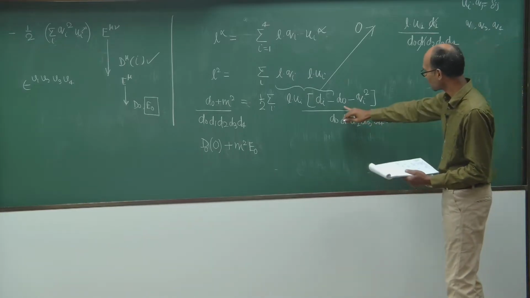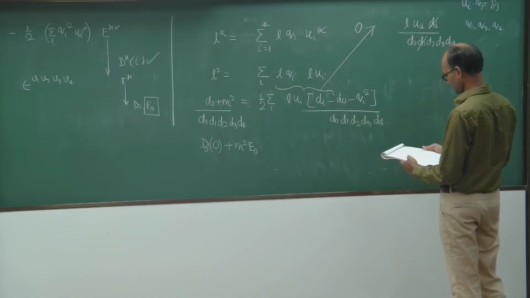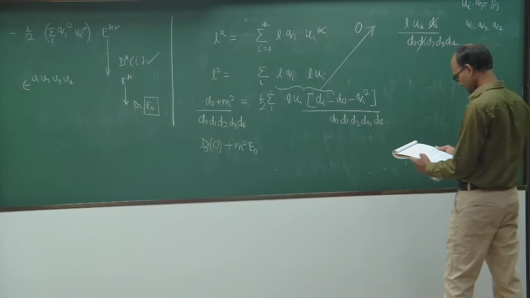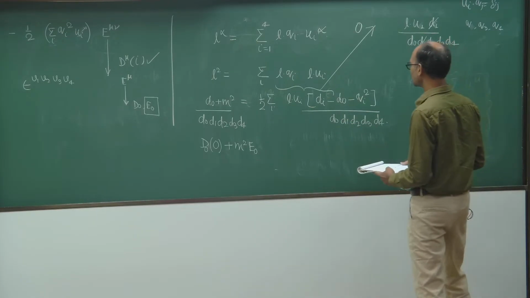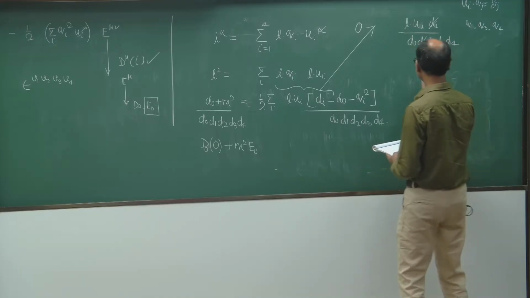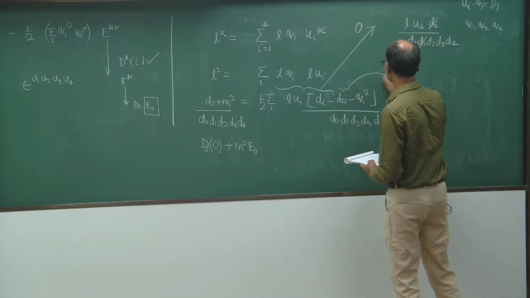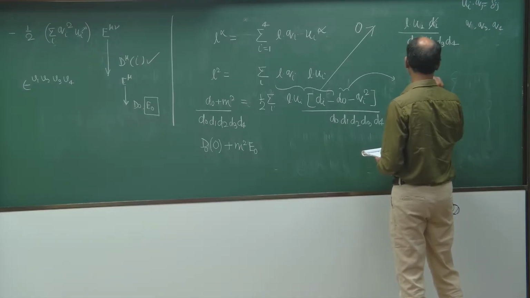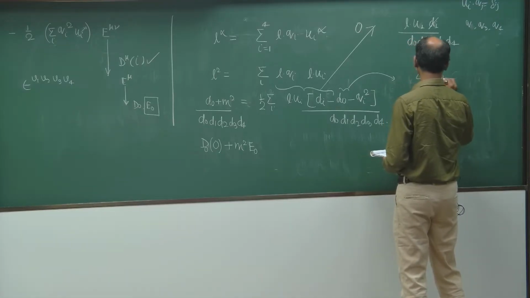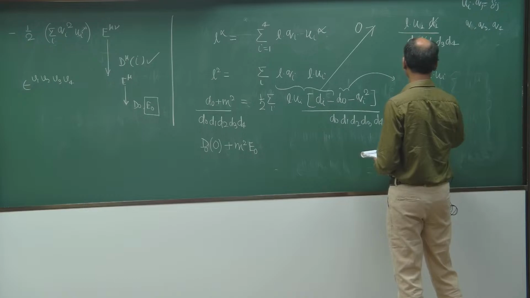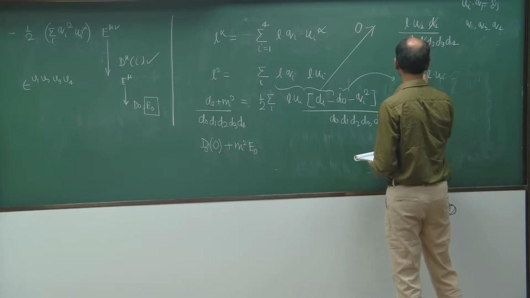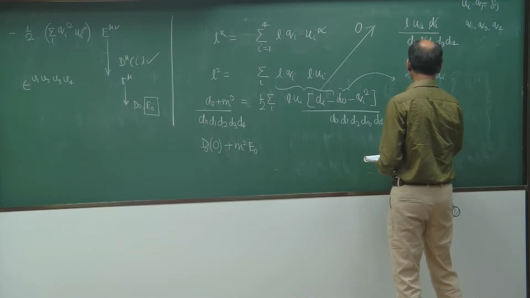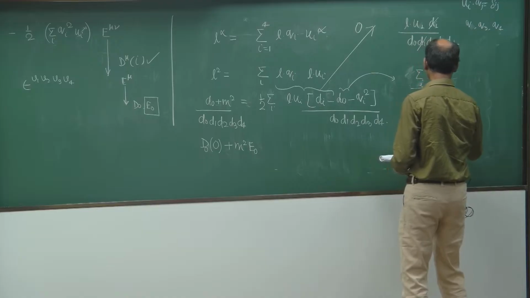So let's now look at the second term, the d0 term. The d0 term gives me here the sum over L dot ui multiplied with d0, but that is actually d1, d2, d3, d4.